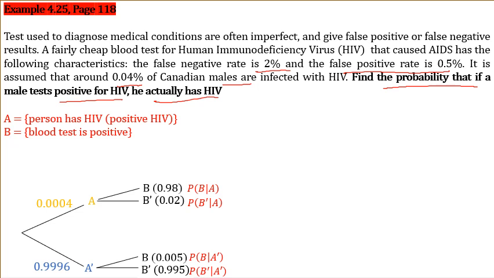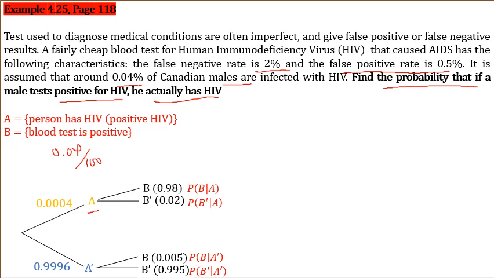So 0.04 over 100, we get 0.0004, which is the probability the person has HIV. And for A complement, 1 minus 0.0004, we have 0.9996. And for A, the person has HIV, we get the blood test is positive, B.